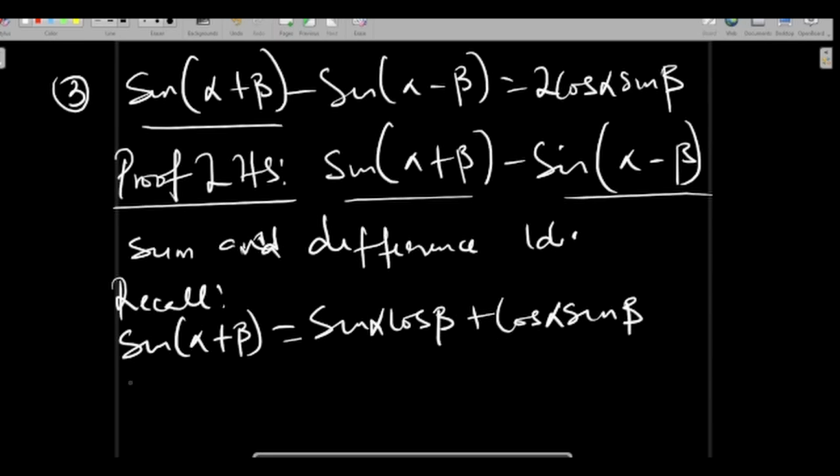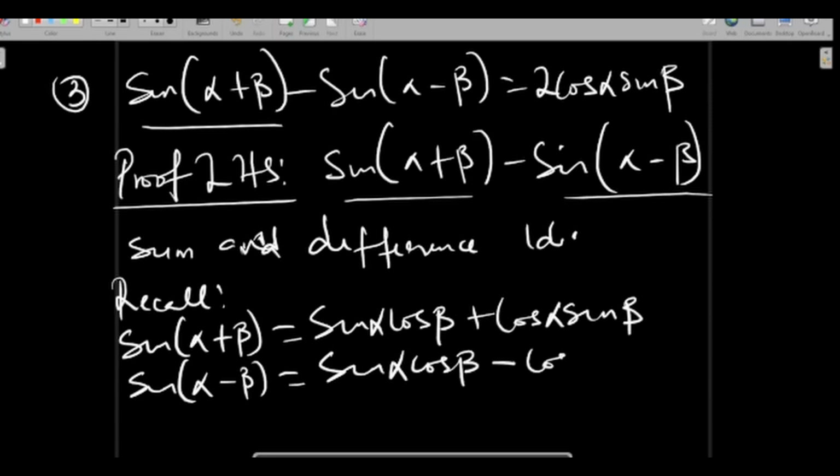And then the next one is that sine alpha minus beta is equal to sine alpha cos beta minus cos alpha sine beta.